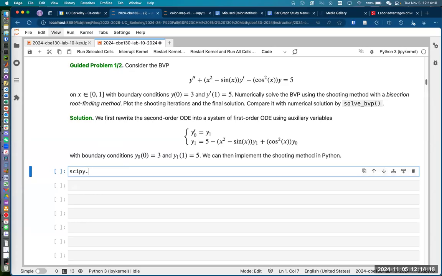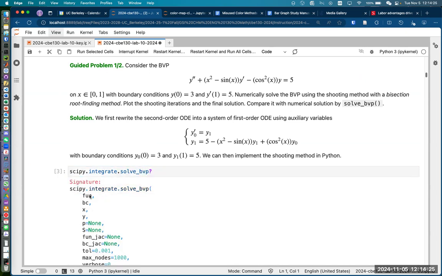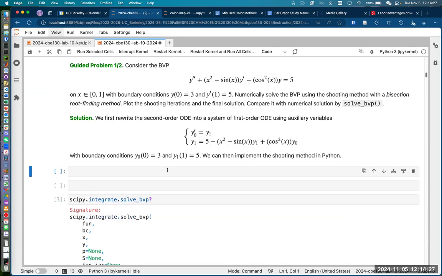To do that, first let's look at what solve BVP requires. Solve BVP requires first a function, which is the ODE. To define the ODE, we use dy0 dx is equal to a lambda function of the independent variable x and dependent variables y0, y1, and it's equal to y1.